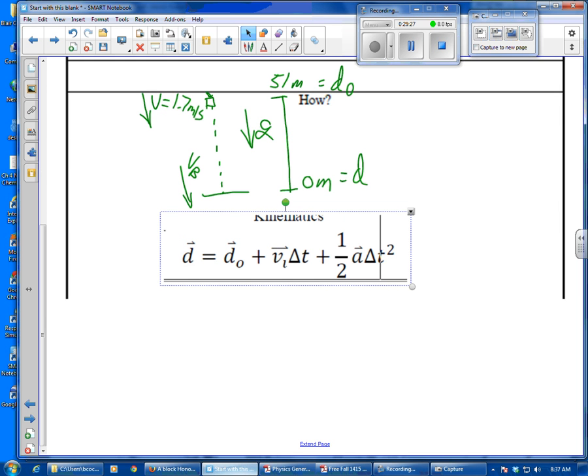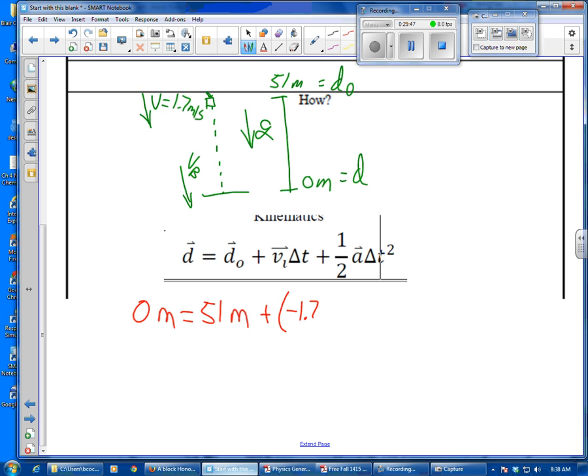And now let's plug in and see if we get to the right places. I end up at 0 meters. I started at 51 meters. They told us up was positive in the problem, right? Plus, my initial velocity is negative 1.7 meters per second.